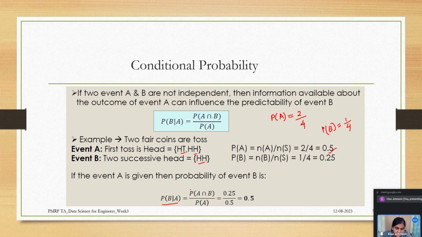And P of A. Only one event means that is 1 by 4, you have got 0.25, right? For HH you have got 0.25 and P of A you have got as 0.5. So the answer will be 0.5.